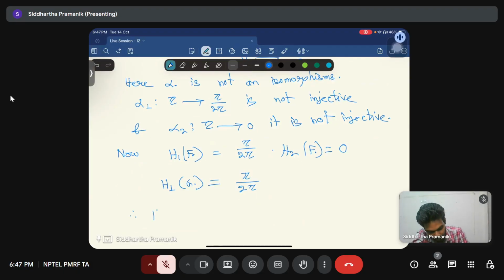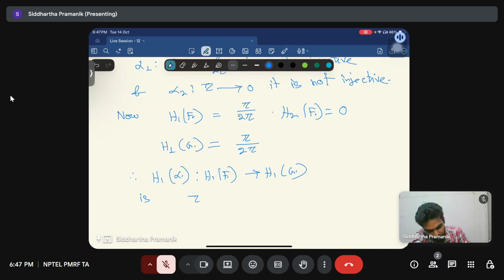So what about H1 alpha from H1 F to H1 G? So this is basically from Z mod 2Z to Z mod 2Z. If we use the definition, then this map is equal to the identity map.